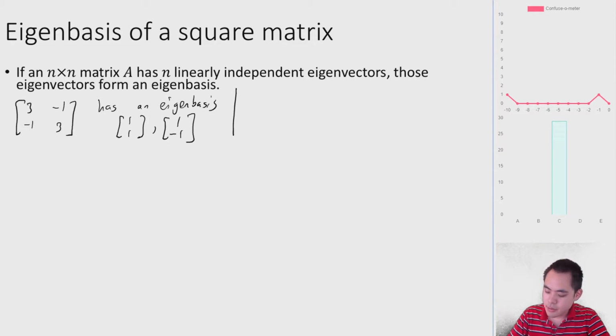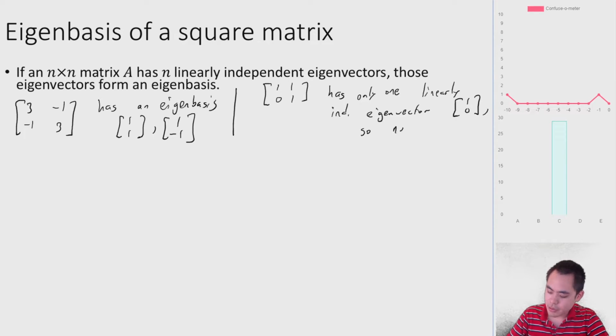On the other hand, the matrix [1, 1; 0, 1], if you compute the eigenvectors of this, you'll find that it has only one linearly independent eigenvector, (1, 0), so no eigenbasis.